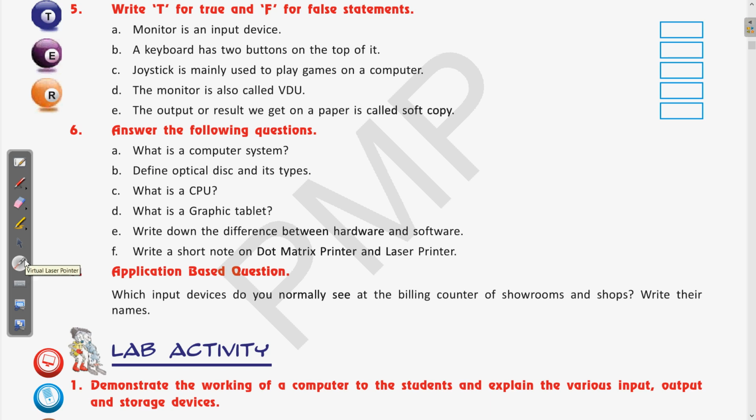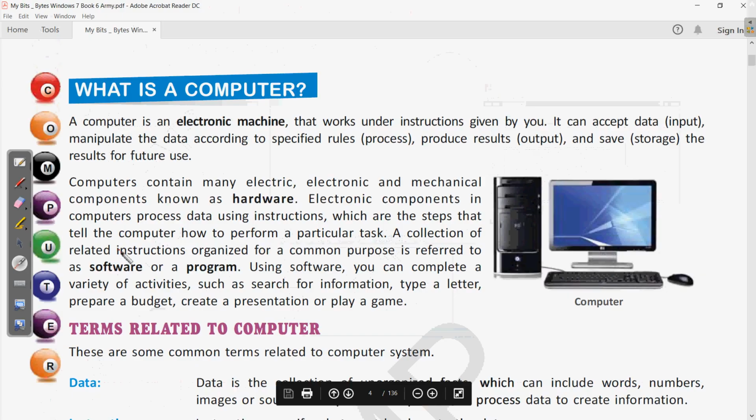Optical disc and types is given on page number 9. Okay, so let us go to page number 9.